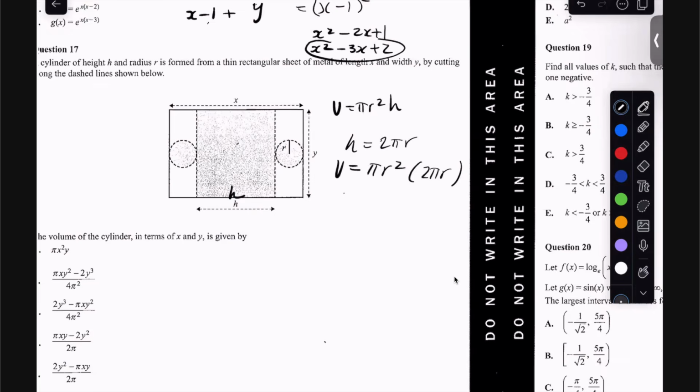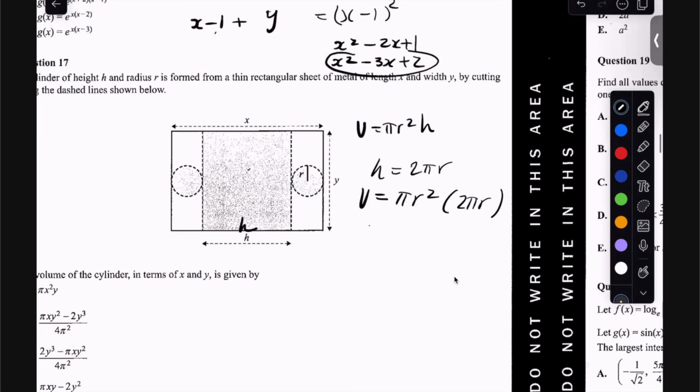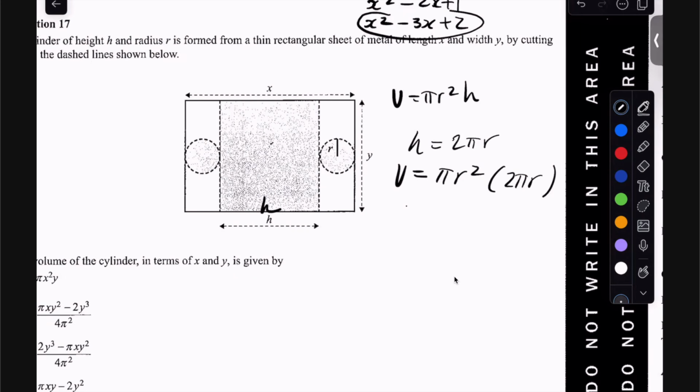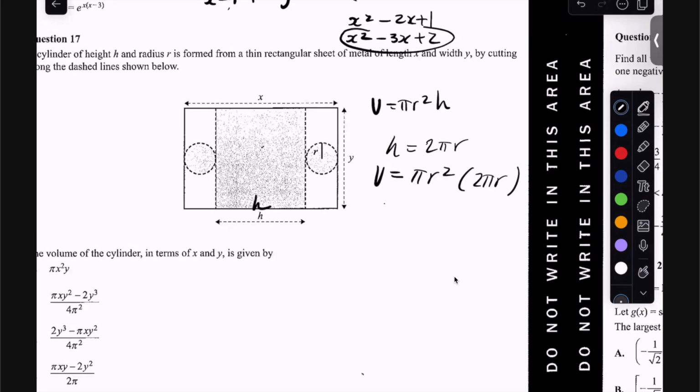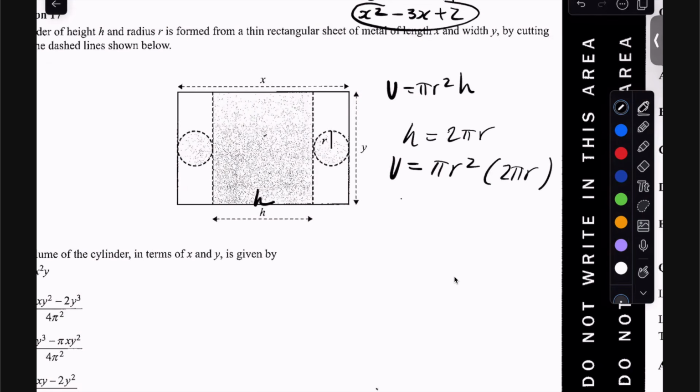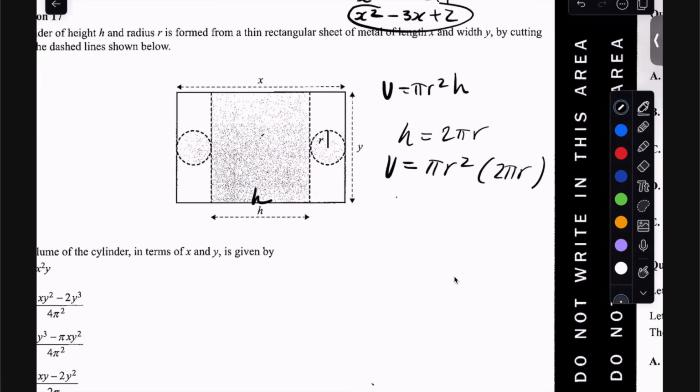Now, what else can we say? We can say that, wait, which way is it being rotated? Thin rectangular sheet of cutting. Okay.